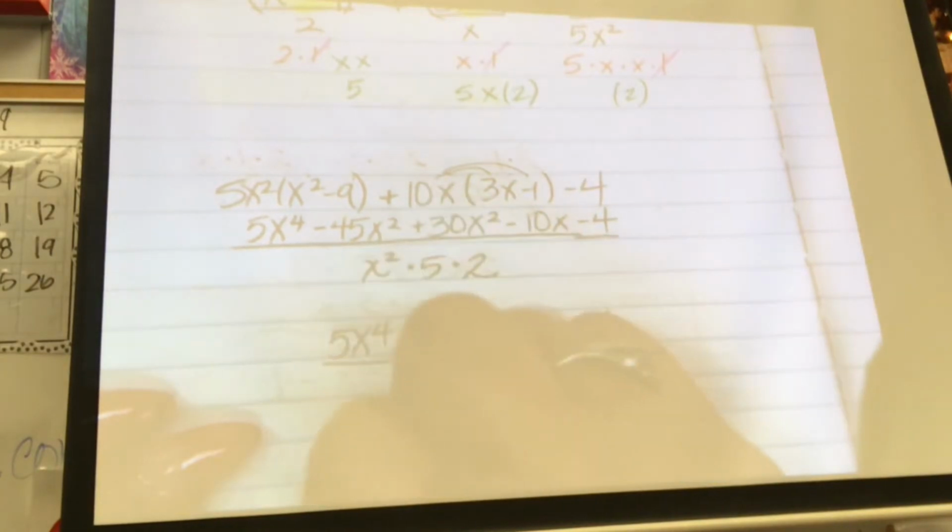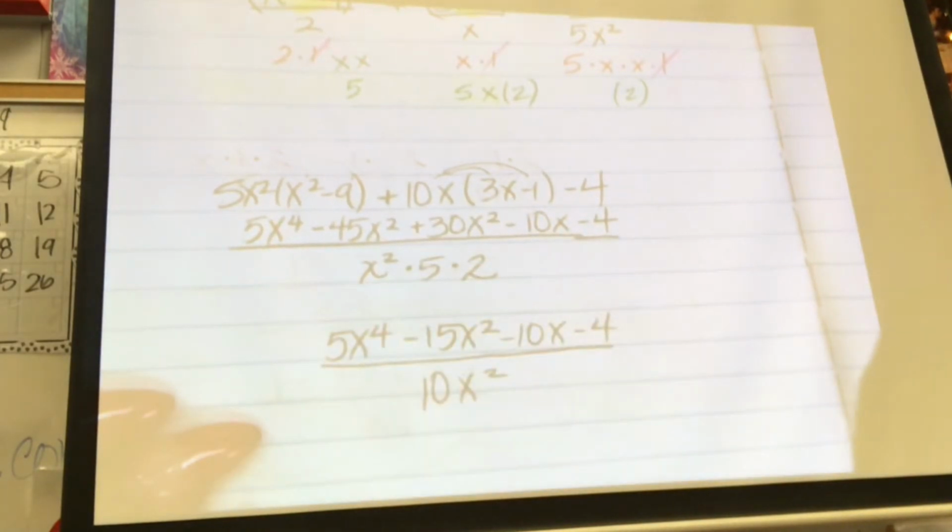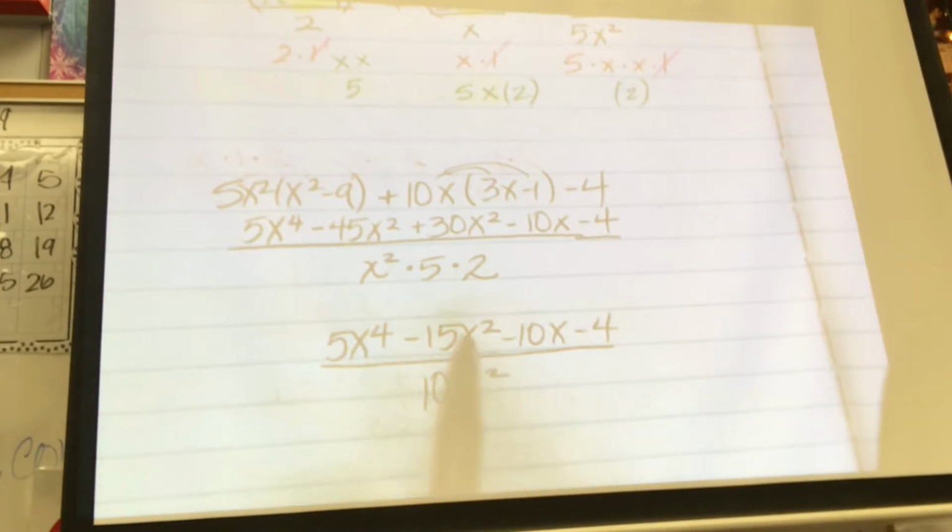Good. So can I write 10x squared? Can I reduce this? Is there something I can take out of a 5, a 15, a 10, and a 4? No? So I'm done.